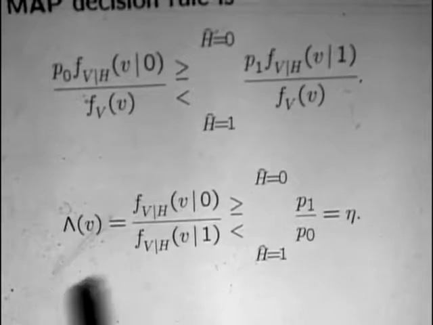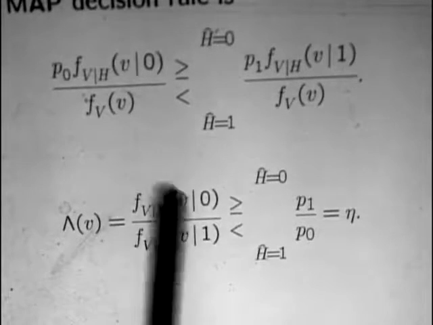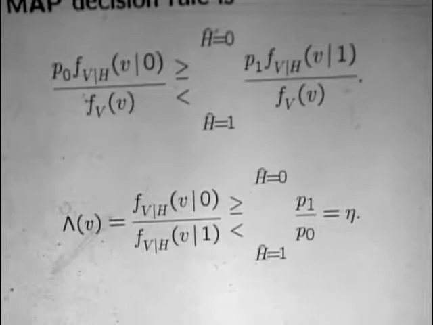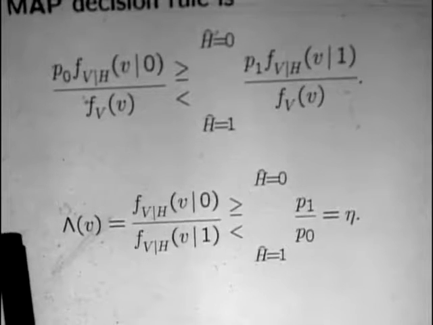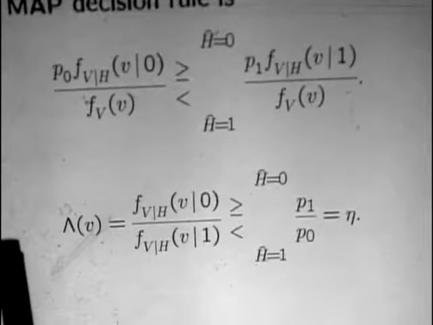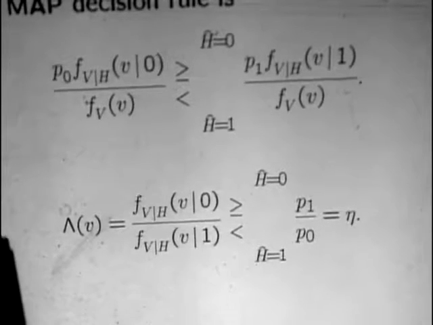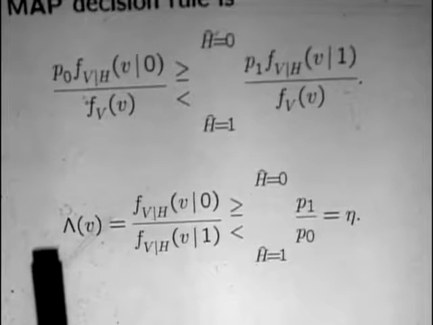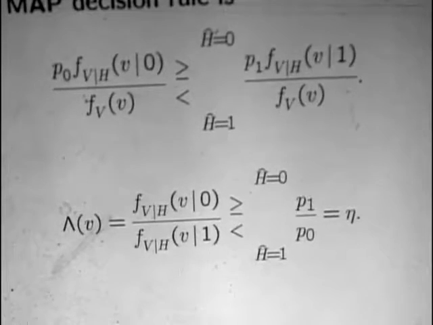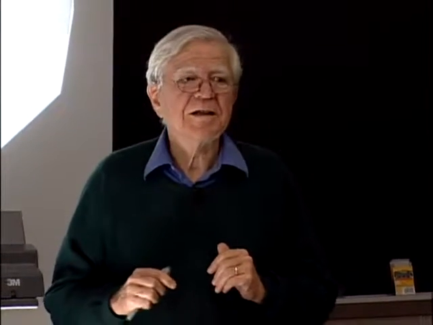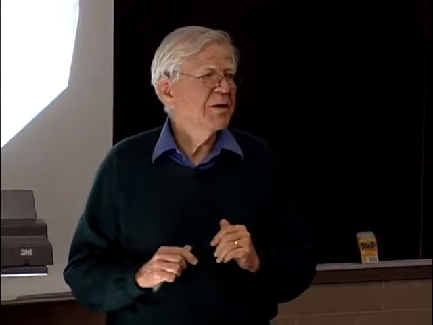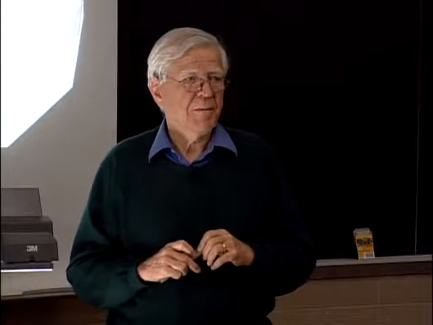Now, this doesn't seem to be a huge saving, because here we're dealing with 2 real numbers, and here we've reduced it to 1 real number, which is something. When we start dealing with vectors, when we start dealing with waveforms, this is really a big thing, because what you're doing is reducing vectors to numbers. And when you reduce a countably infinite dimensional vector to a number, that's a big advantage.